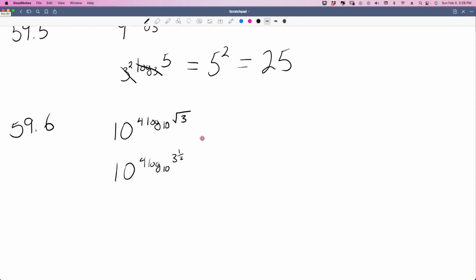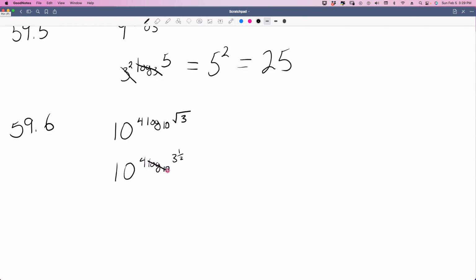So the next step would be to get rid of this coefficient here and turn it into an exponent on our 3 to the 1/2, just like we did for the 5 up here. That's what we're going to do with this here. We're going to be able to cancel these two out.